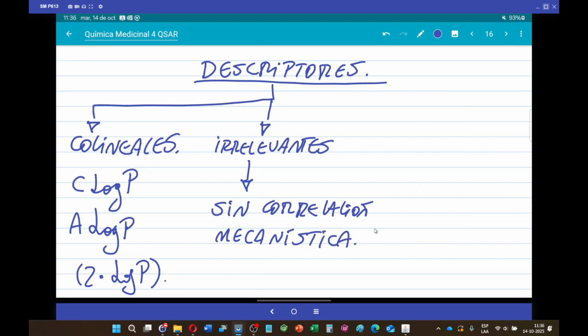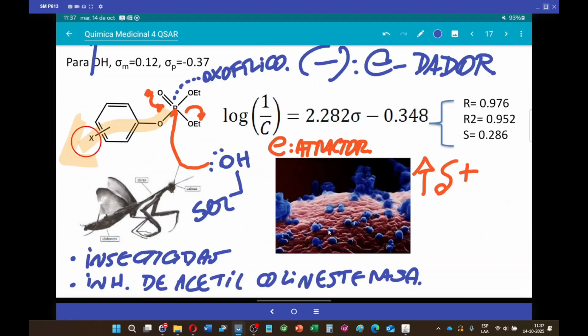Then, abstract descriptors, for example, if here I had said that we have an equation using the angular momentum of the molecule as a descriptor, a descriptor that can be calculated from quantum mechanics, I understand that it will cost a lot to explain the mechanism with a descriptor like that, although it is good.